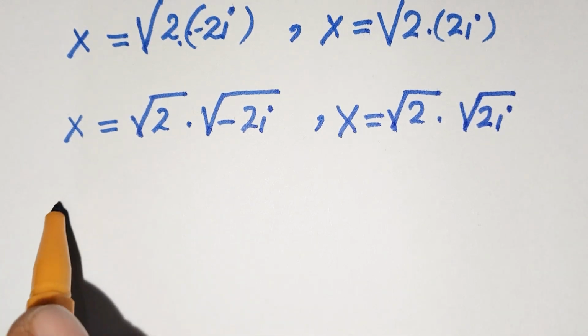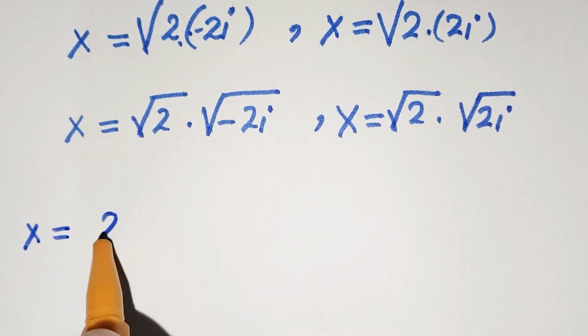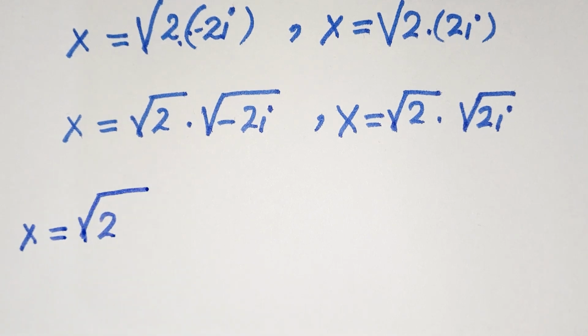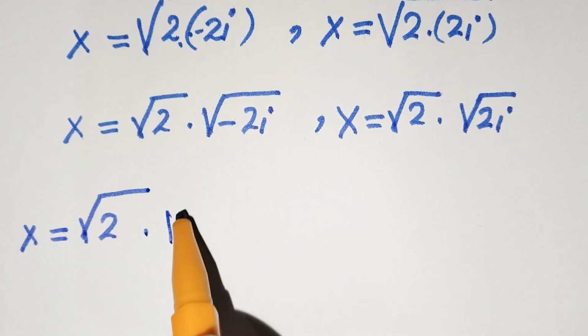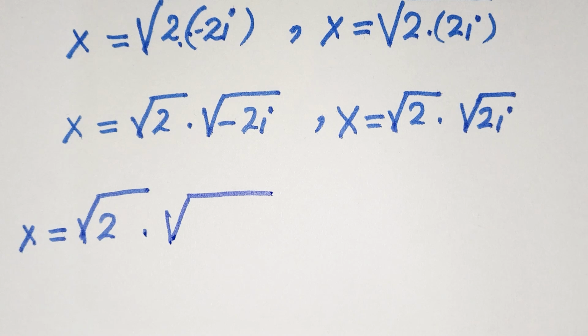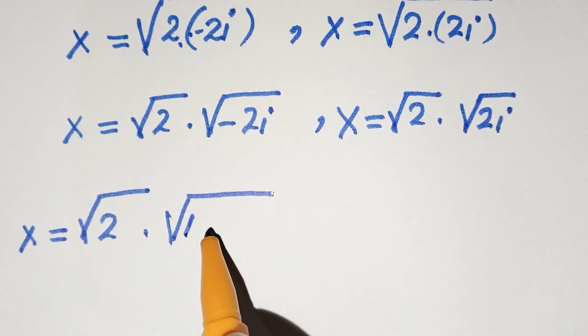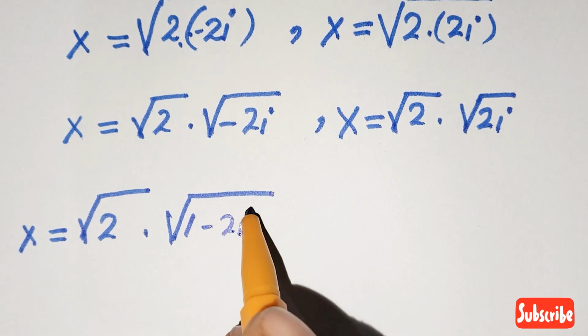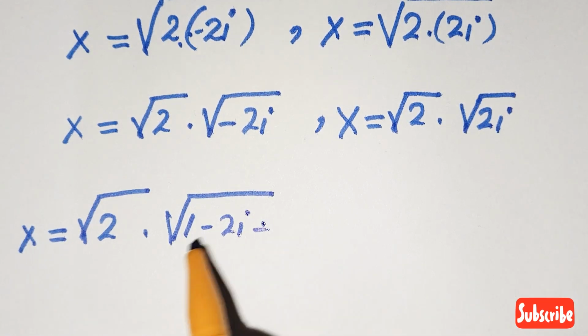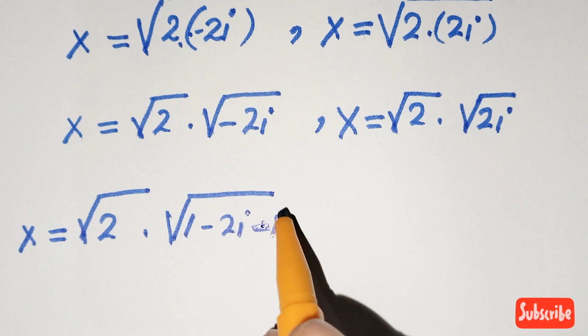Then x is equal to the square root of 2 times, and we are again adding and subtracting 1. So 1 minus 2i plus minus 1, it is minus 1.